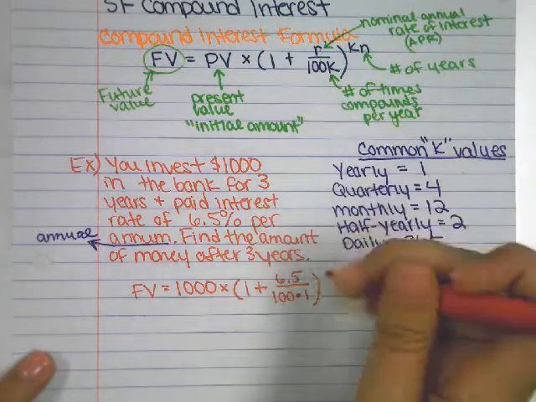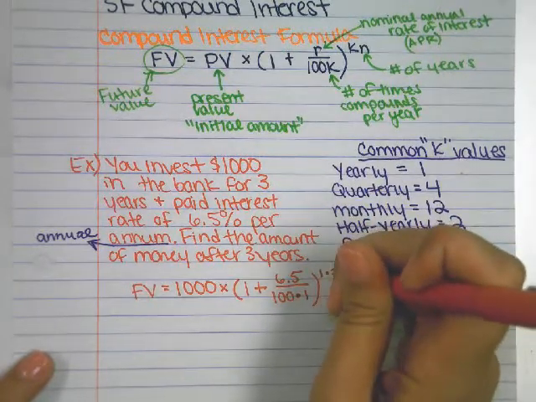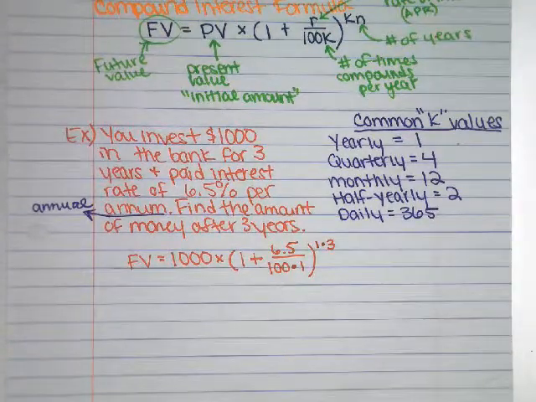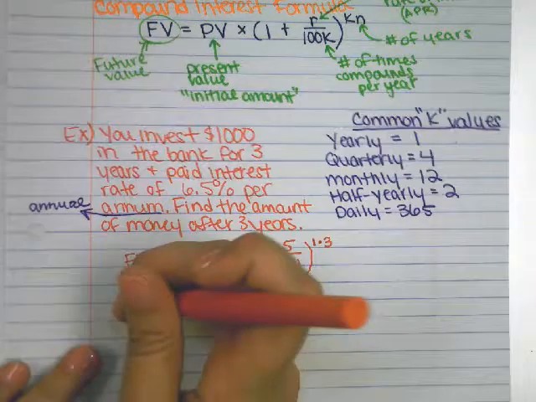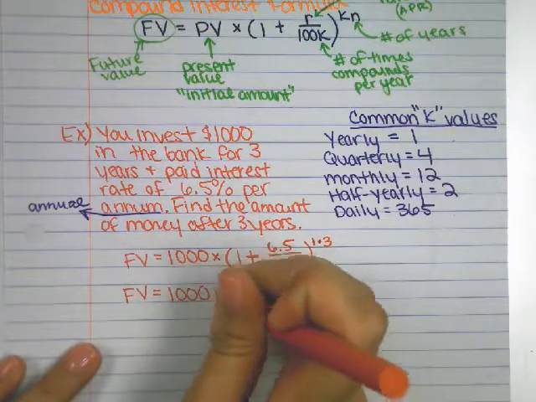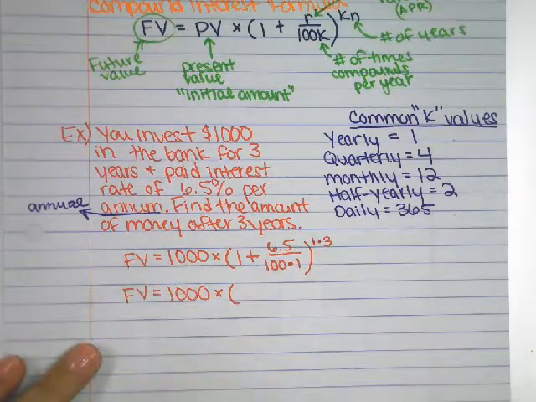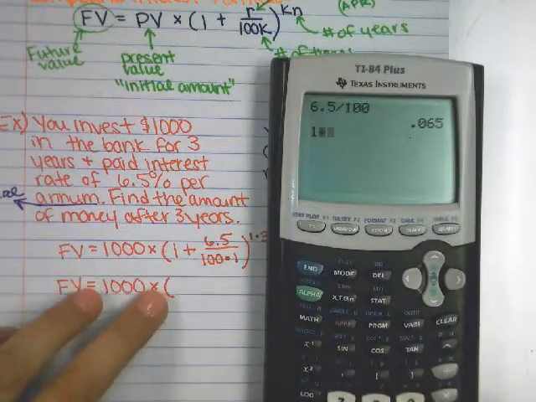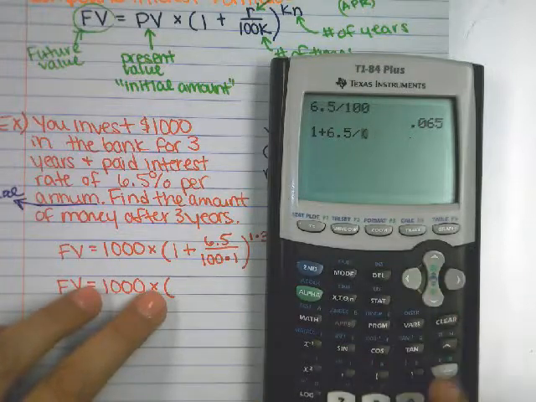To the K times N: we just said K was 1, number of years is 3. If we're careful and we use the correct buttons in our calculator, we can type this straight in. Otherwise, there are some good places to simplify to make sure you do this right. You could put everything together in here: 1 plus 6.5 divided by 100 times 1, which is 100.